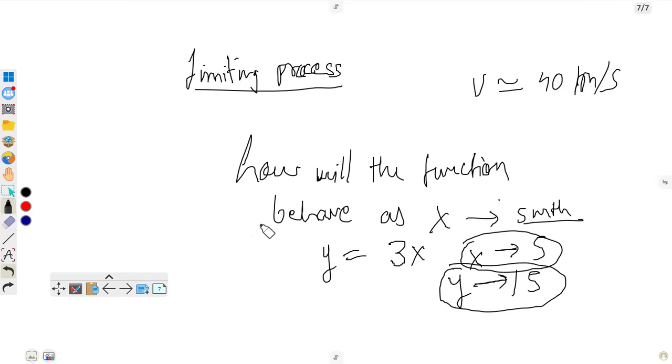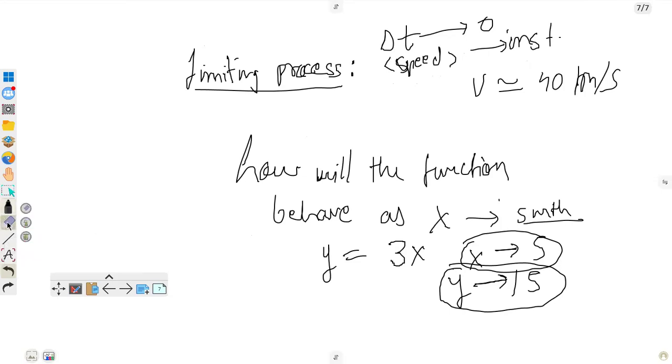This is what I call a limiting process. The limiting process we followed was: as delta t goes to 0, our average speed goes toward the instantaneous speed, right? So this is what I mean by limiting process. Is it clear? Yes.